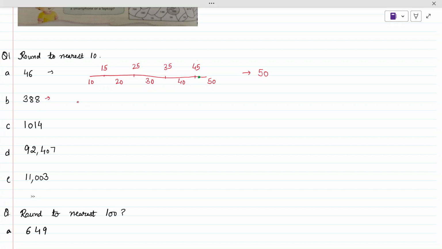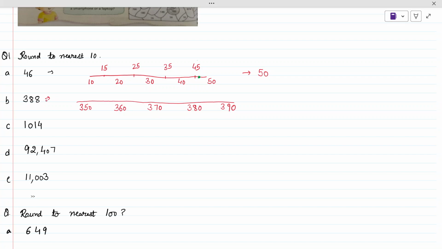Again, I'm going to draw a number line here. Okay. And 388 है. For the multiples of 10, I am starting from 350. Okay. So 350, multiple of 10 में 360 आएगा, 370, 380 and 390. ठीक है? 390 आएगा यहाँ पे.